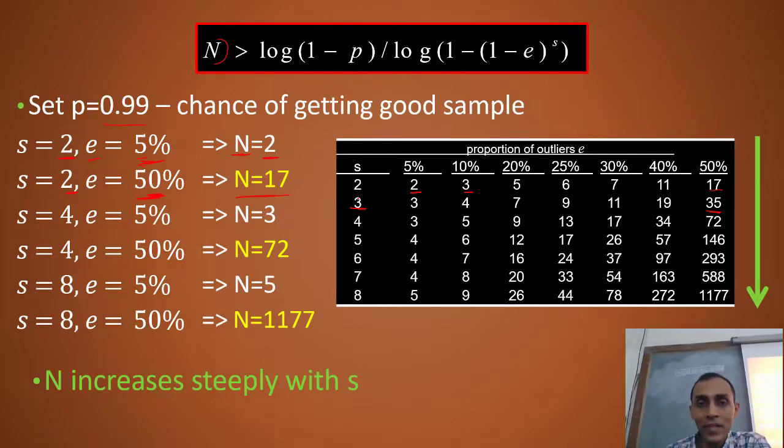But we see when the sample size increases, for example, if we are trying to do a fundamental matrix estimation, then we needed 8 pairs of points. So in this direction the rise is a little steep. For example, here when there are 50% outliers, we need at least 1000 trials. So n increases steeply with s, that is the number of parameters, as it did even in the Hough transform.